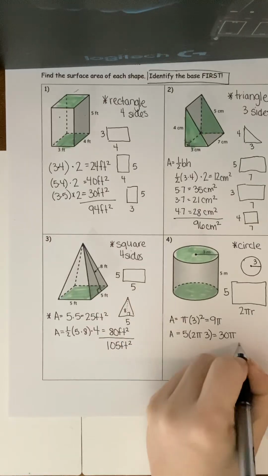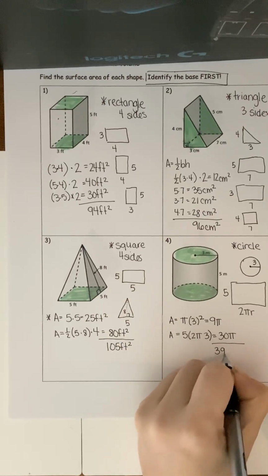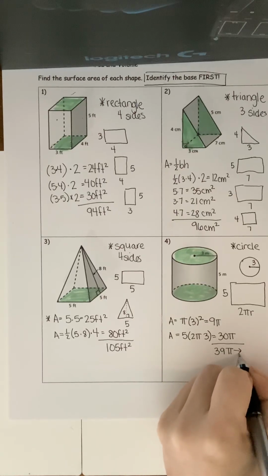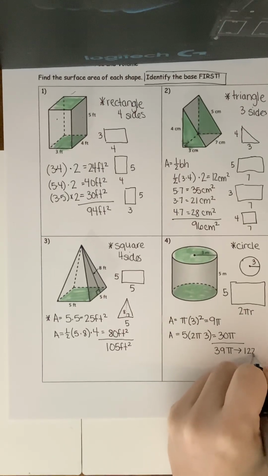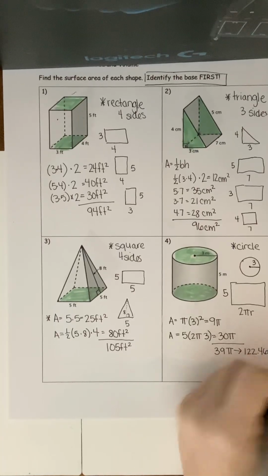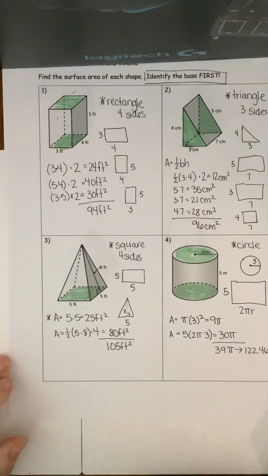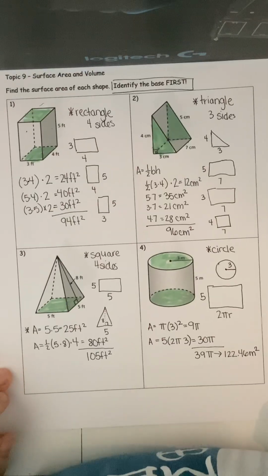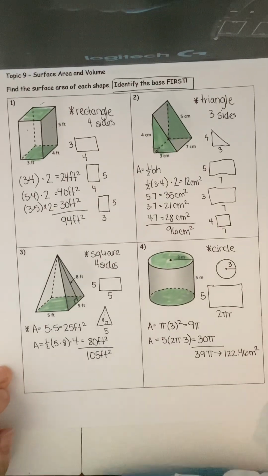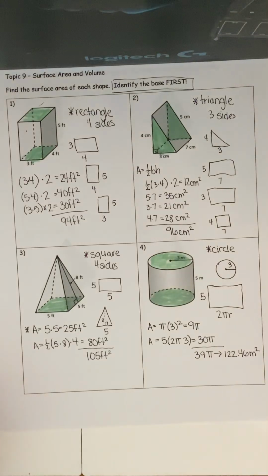If you add those two together, we get 39 pi, or 122.46 meters squared. Make sure we have all our area being meters squared. You can pause right there so you can get all the answers written down if you didn't see them.